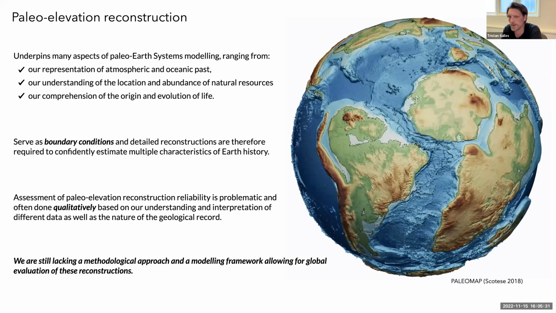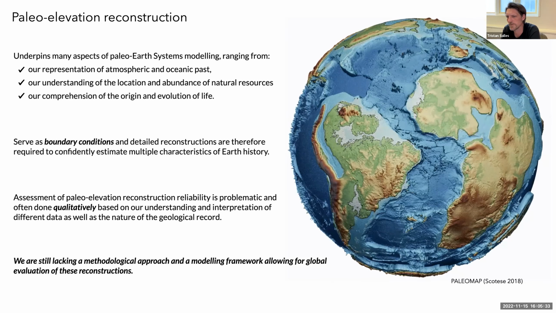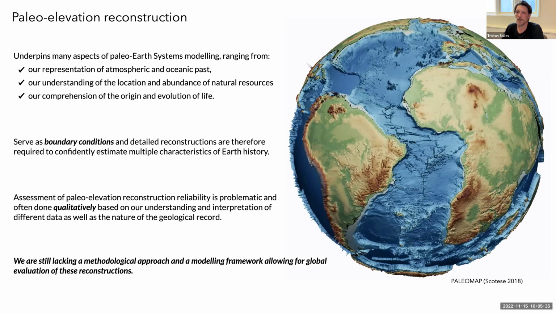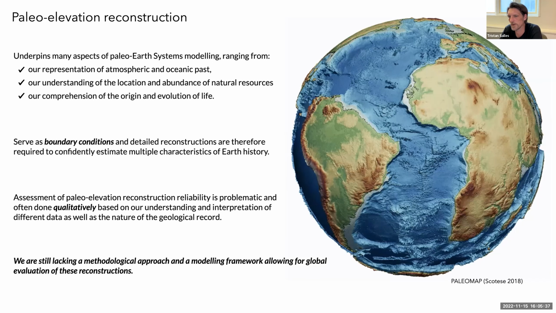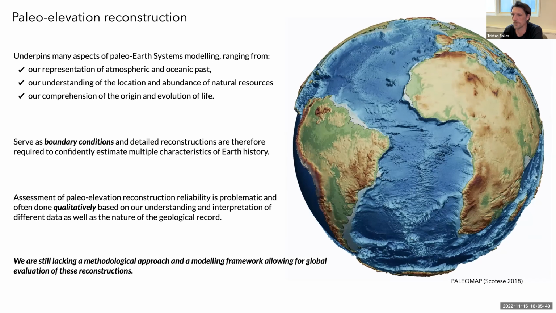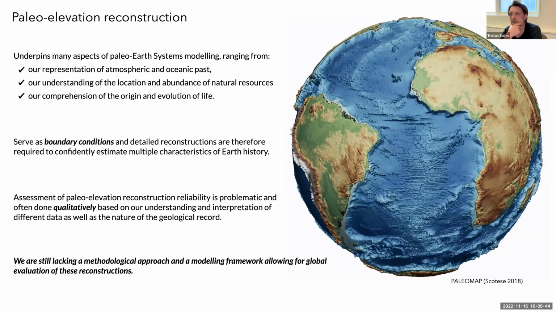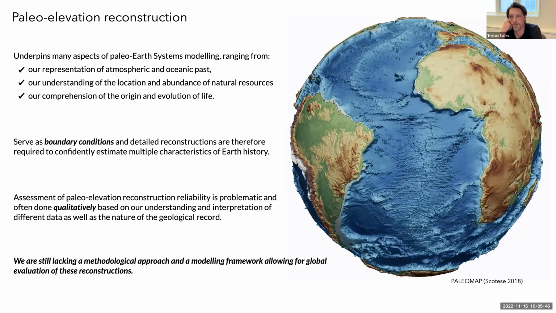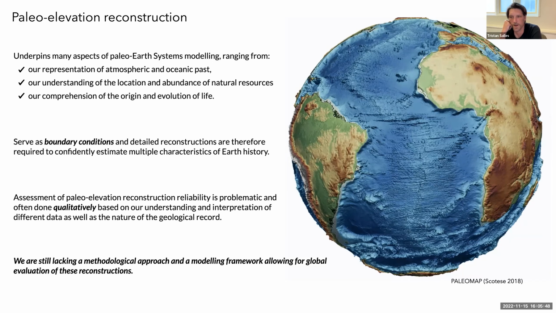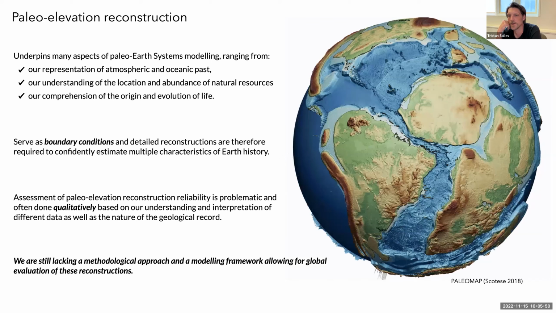Here you've got a time step, I think, of 5 million years. So every 5 million years you've got an image, and you've got about 100 million years of Earth evolution here. These paleo-elevations are not really quantitatively assessed.